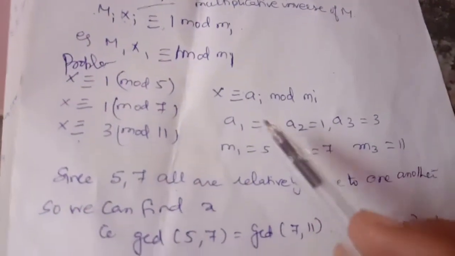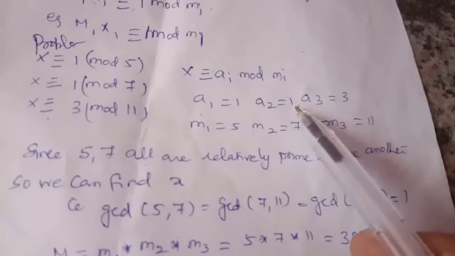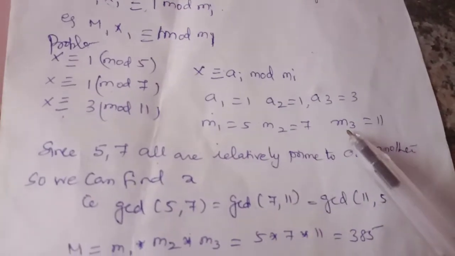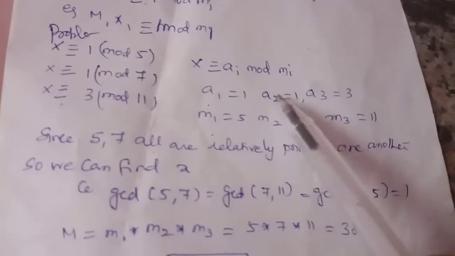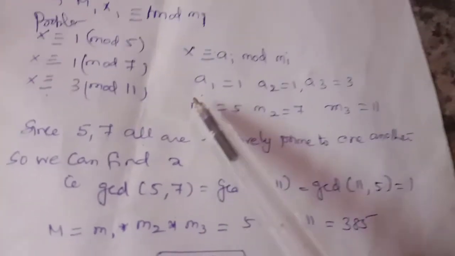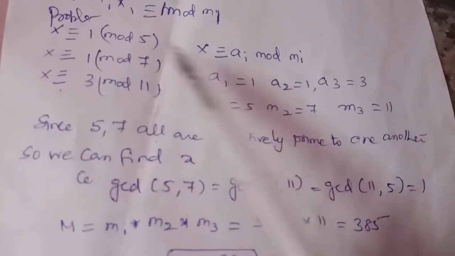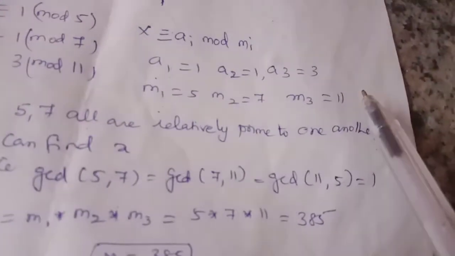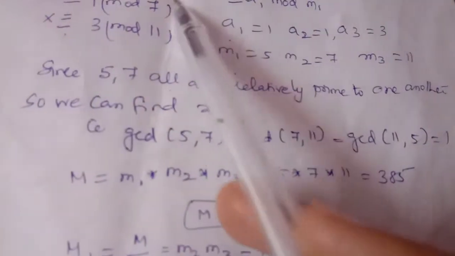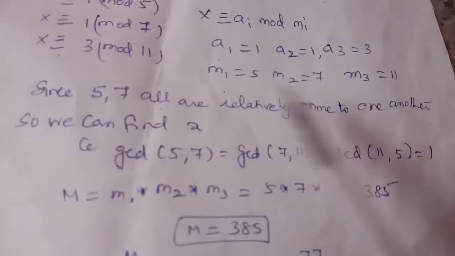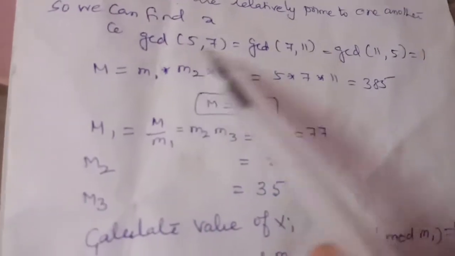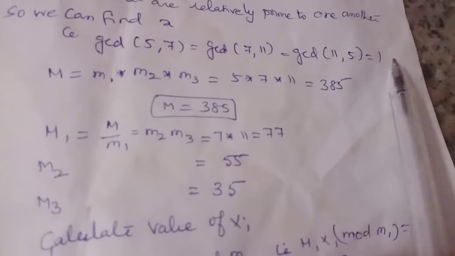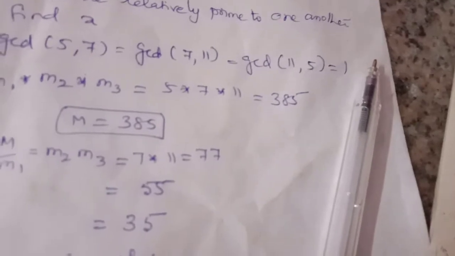We can find a1, a2, a3 and m1, m2, m3 from this. a1 is 1, a2 is 1 and a3 is 3. m1 is 5, m2 is 7 and m3 is 11. Since 5, 7 and 11 are relatively prime to one another, we can find x. Otherwise we cannot find x. That is, GCD of 5 and 7, GCD of 7 and 11 and GCD of 11 and 5 are equal to 1.